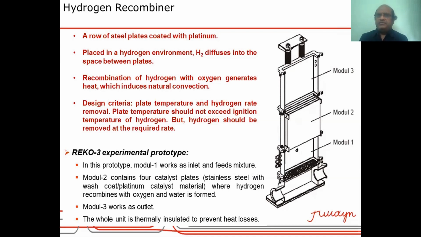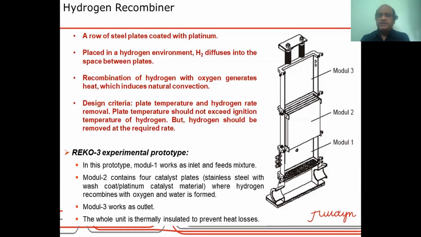But that is when it is ignited with a spark plug and it burns in the atmosphere. In the presence of a catalyst like platinum, it burns very slowly. This slow reaction is still exothermic, heat is released, but the rate is very slow.